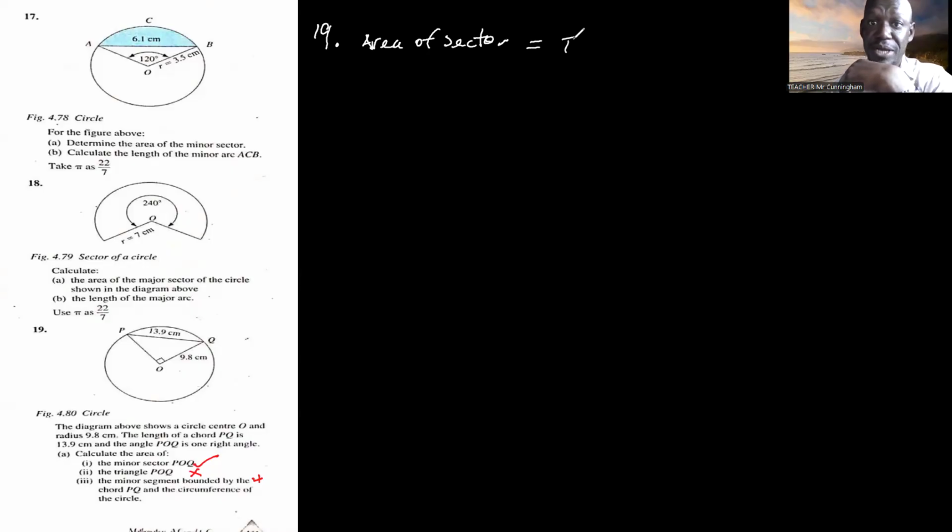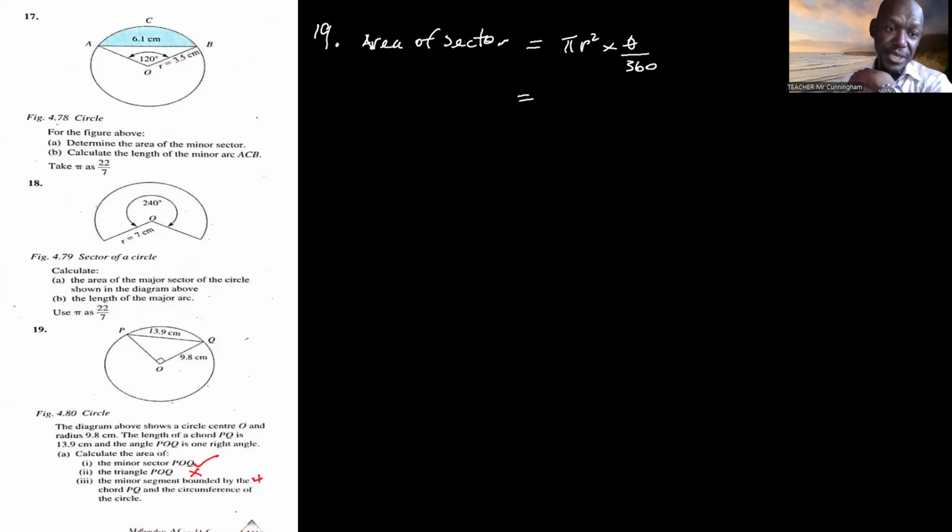So using pi r squared by theta over 360. They said use pi as, I'll tell you, hold on. Use pi as 22/7.